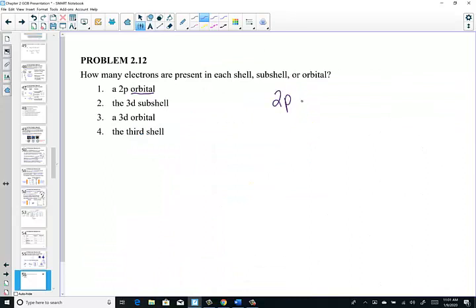A 2p orbital. Now, this is telling me that it's the second energy level, and that means that n equals 2. P is telling me the shape of the cloud, if you will, that it's going to be an hourglass shape.